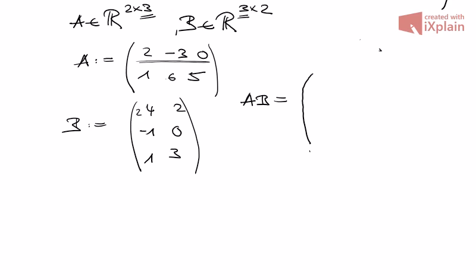Put them next to the column, you can also do it on paper, then multiply them and add up the results. So in this case you would take 2 times 4 plus -3 times -1 plus 0 times 1. That would be 8 plus 3 plus 0, so that would be 11, right? Am I mistaken? No? Good.